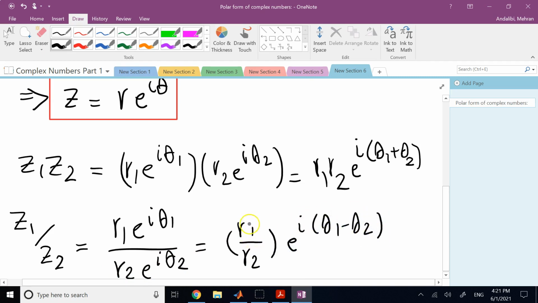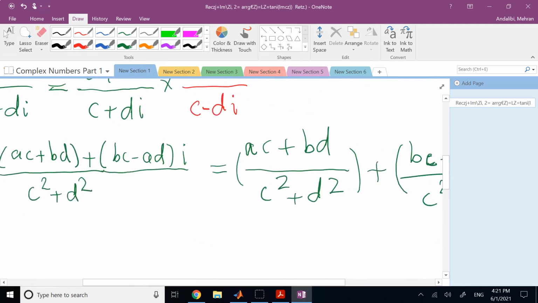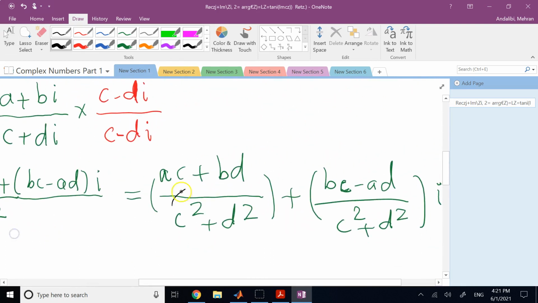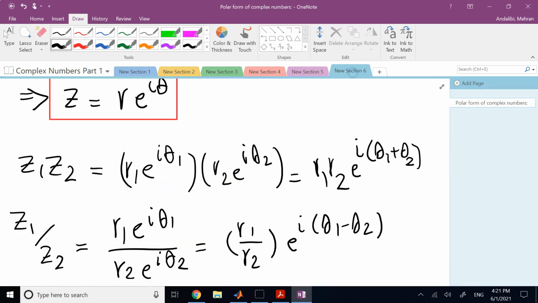So the magnitude is the ratio of the magnitudes, and the angle is the subtraction of the angles. Again, to me, this is easier than applying all of these calculations to get the division. Okay, so it does depend on what you want to do, but definitely for multiplication and division, this polar format is easier than the real imaginary.